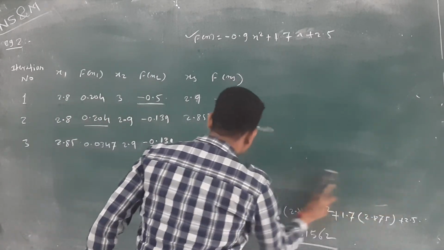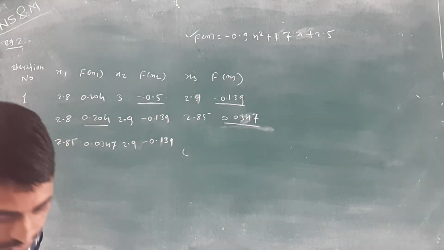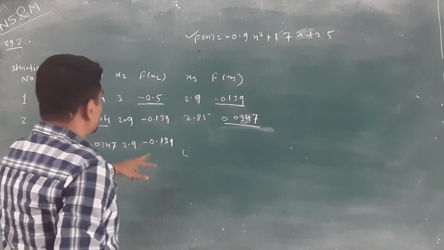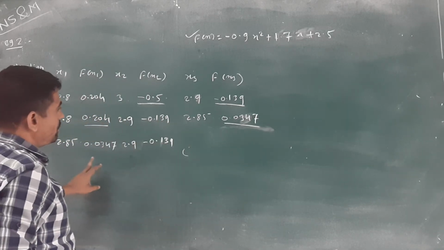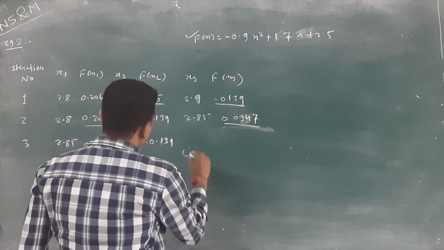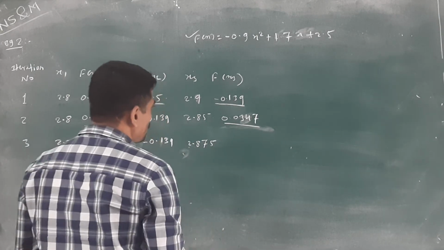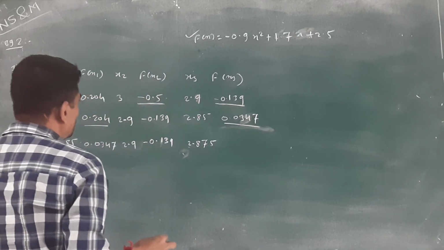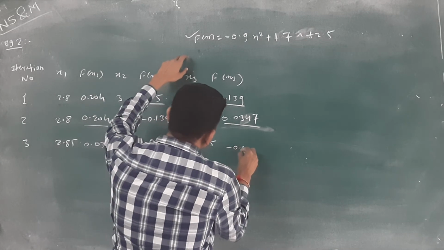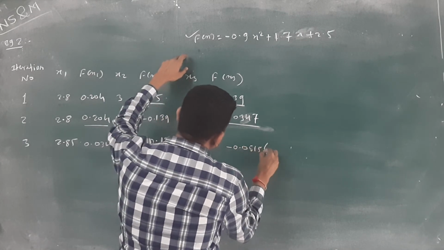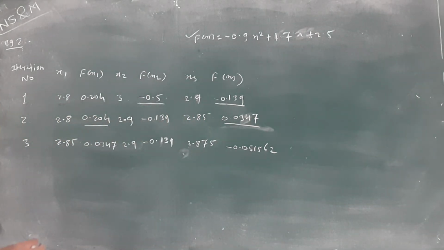You have to try to solve the given numericals at home. Then check what is the value of x3. Again (x1 plus x2) divided by 2, you will get 2.875. When you put that in the equation, you will get minus 0.05152. And what is your answer?